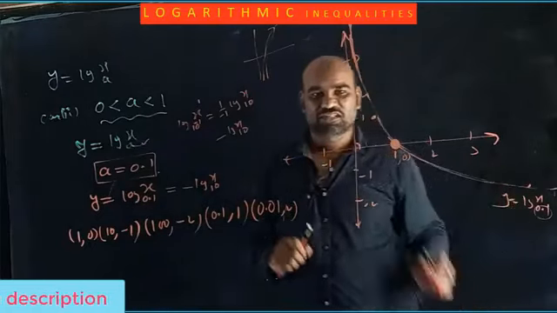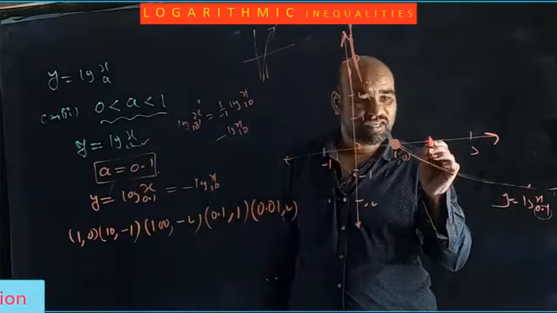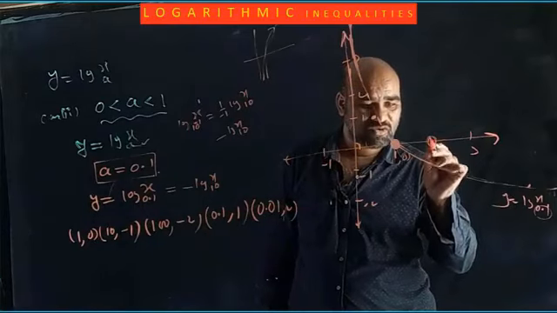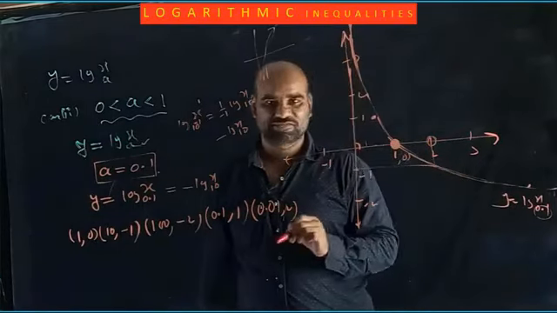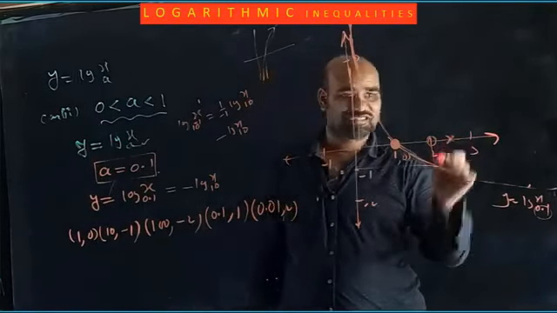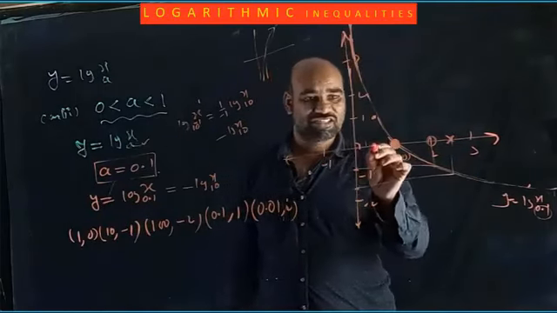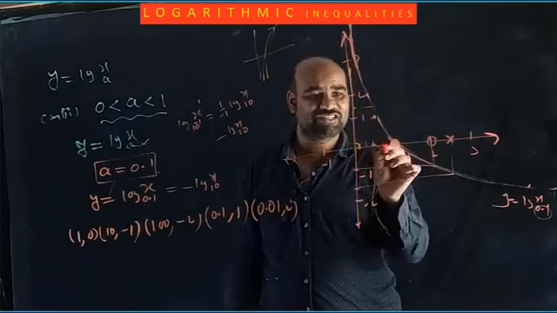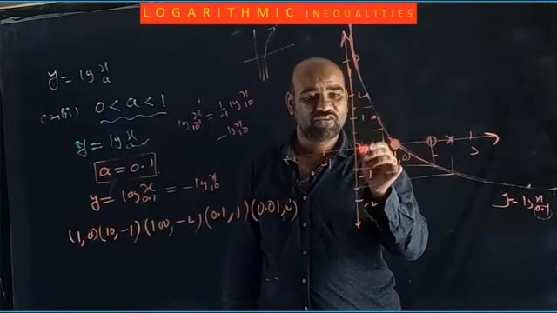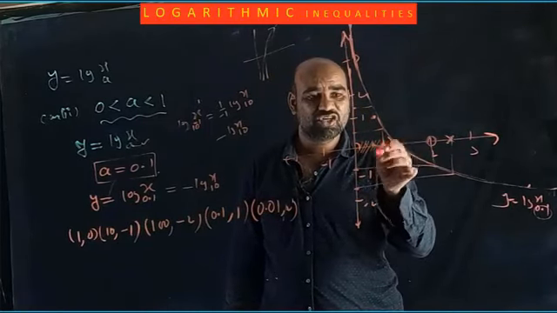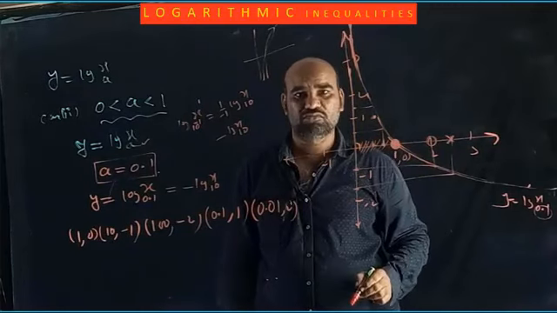Now conclusions. For this x, the corresponding y is here, and for this x, the corresponding y is here. Means if x is taken from 0 to 1, y is positive.